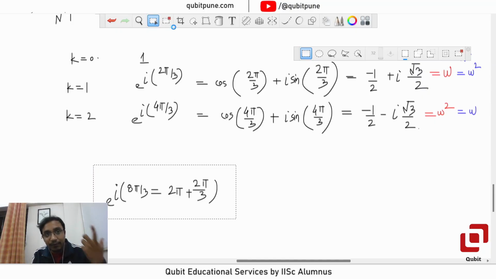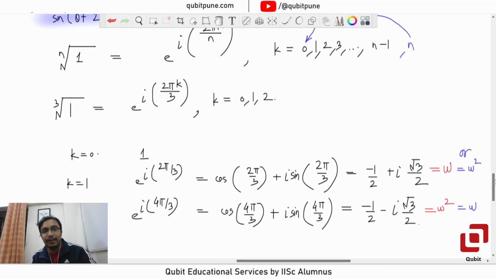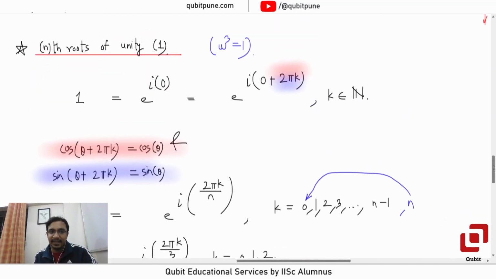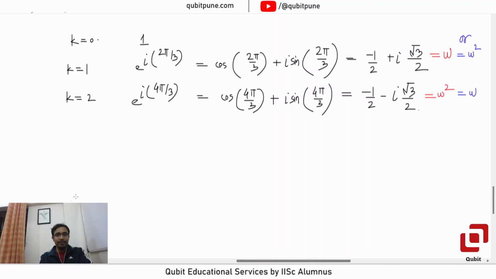Okay. But there is one more way of arriving at these complex cube roots, and that is by assuming any one of them to be z. Suppose z cubed is equal to 1. Then z cubed minus 1 equals 0. You factorize it as z minus 1 into z squared plus z plus 1 equals 0.